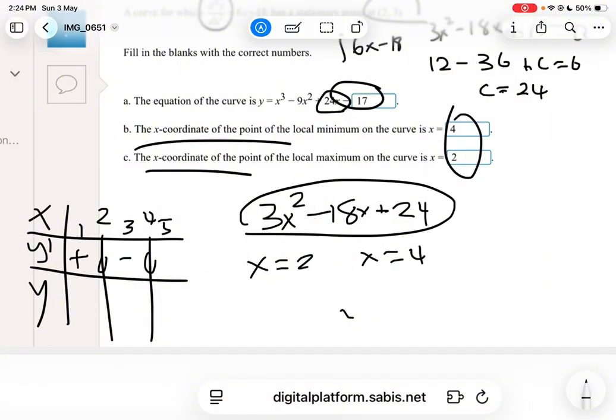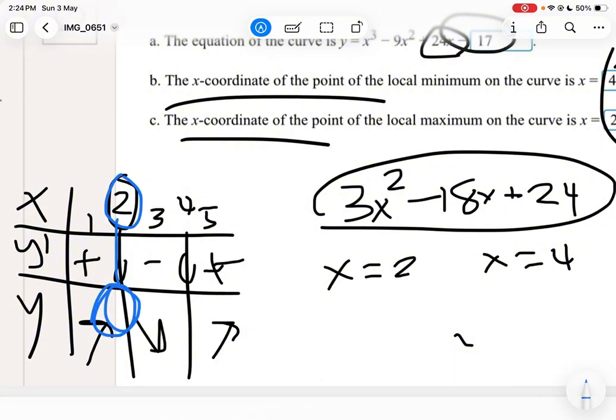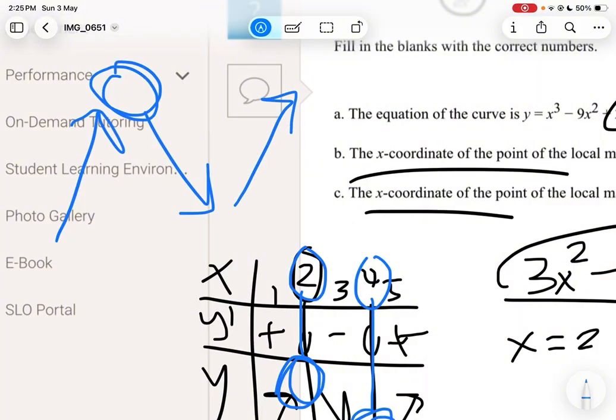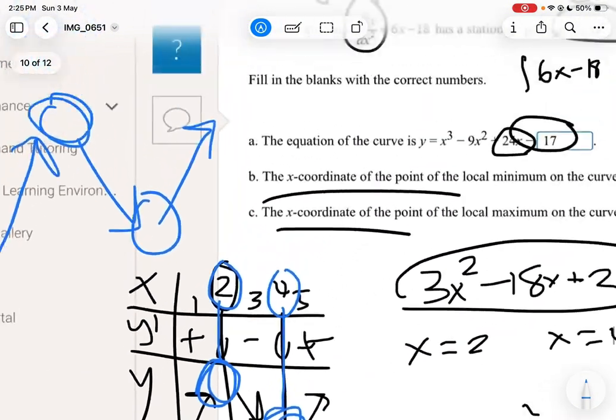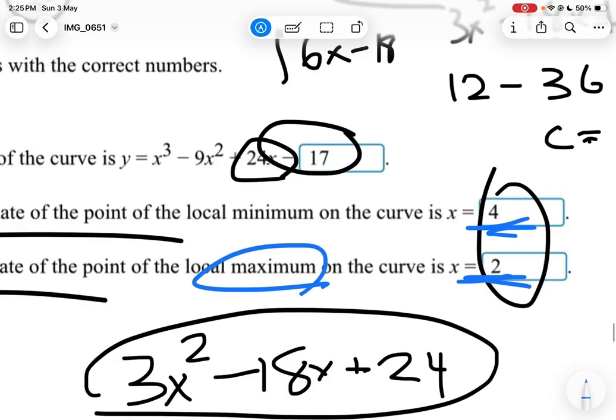If you replace 3, negative. Replace 5, positive. You just replace them in y prime to see if it's negative or positive. So it's up, down, up. So 2 is the maximum place and 4 is the minimum place. It's very obvious: when it goes like this it's the maximum, and like this it's the minimum. So 2 is the maximum and 4 is the minimum.